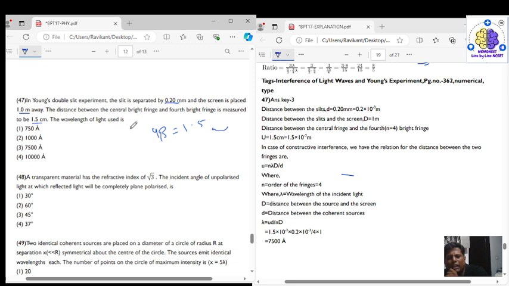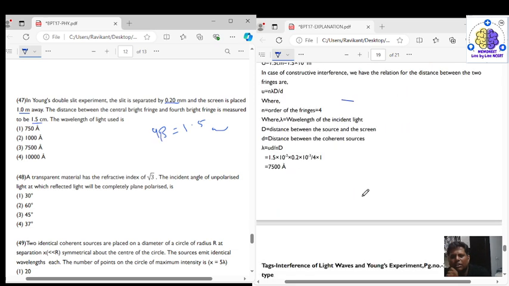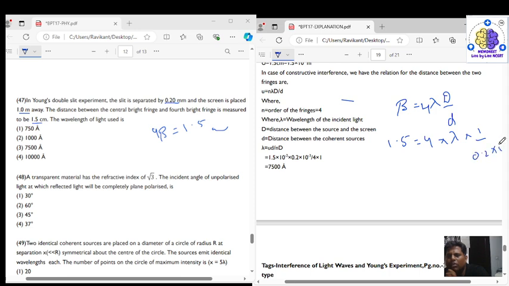The wavelength of the light is asked. We have beta is equal to lambda D by d, right? And here there are 4 fringes, so it will become 4 beta is equal to 1.5, is equal to 4 into lambda, which we don't know, into D, which has been given to us as 1, upon small d, which has been given as 0.2 into 10 to the power of minus 3.